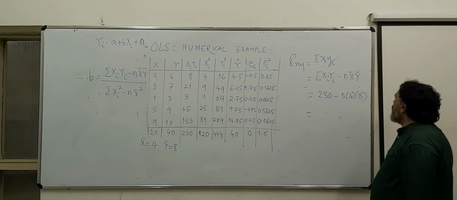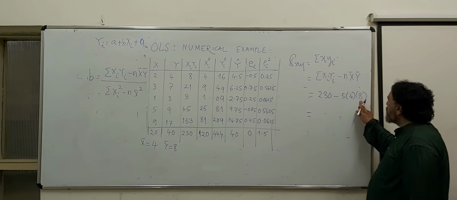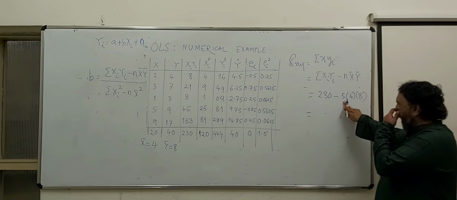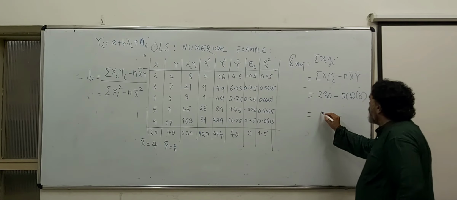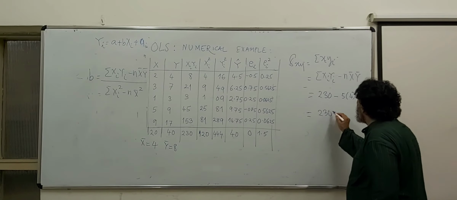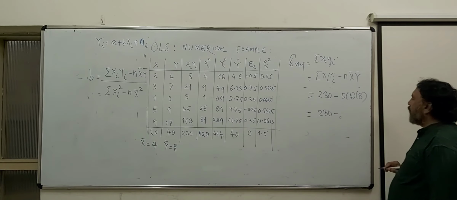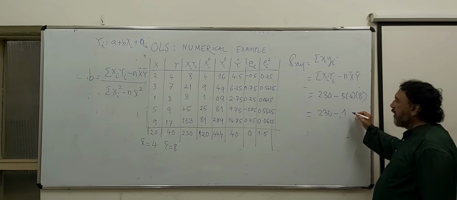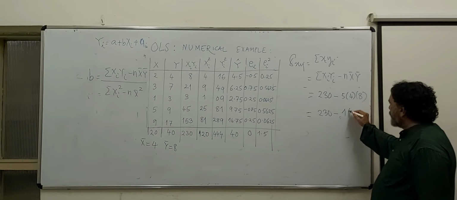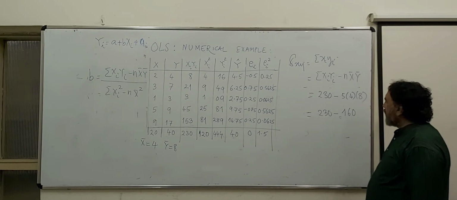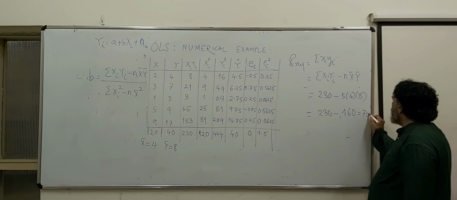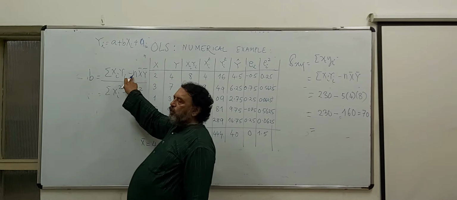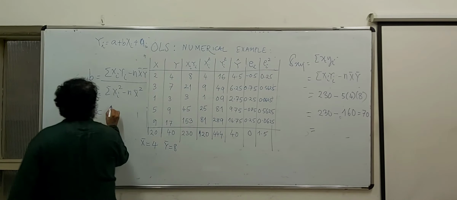The product of 32 multiplied by 5 would give us what? It would give us 160. So what remains is 70. So our S of xy, or this numerator that we are going to use, is going to be 70.